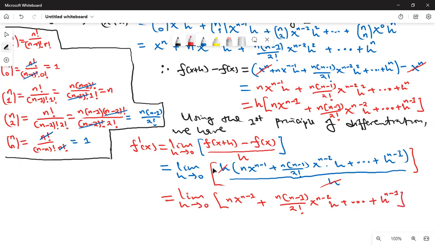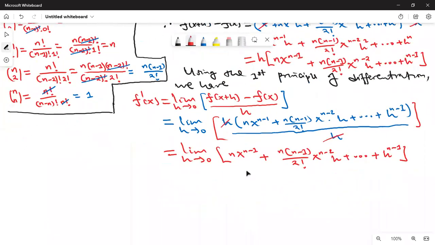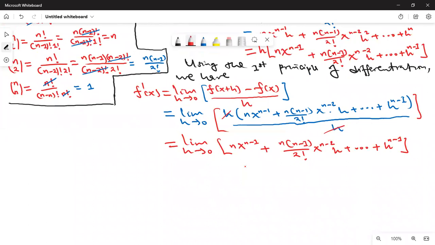So once you simplify your function, the last thing is to try direct substitution. When we use direct substitution, remember where there is h, you put 0, so we are going to get n x raised to n minus 1 plus, this one will be 0 because we are replacing h by 0.